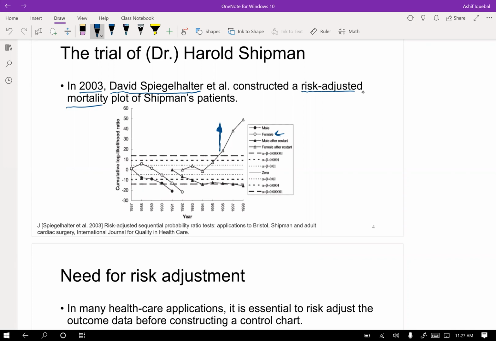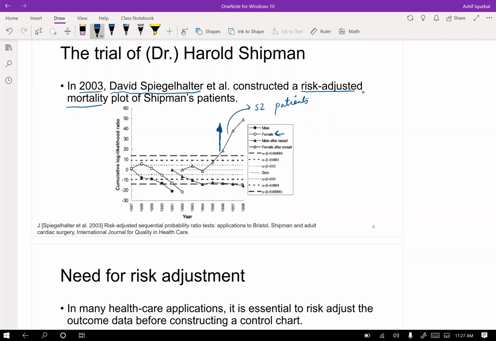But Harold Shipman was not convicted until 1998. And after 1996 till 1998, there were 52 excess deaths. 52 patients were killed after 1996.